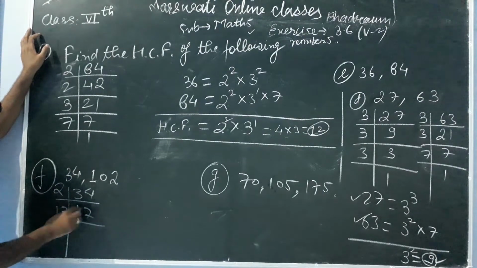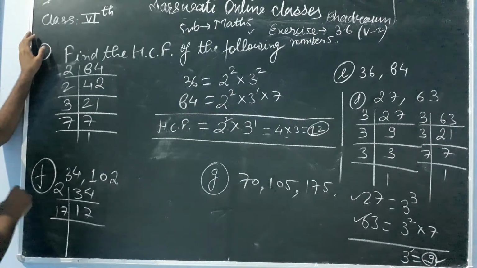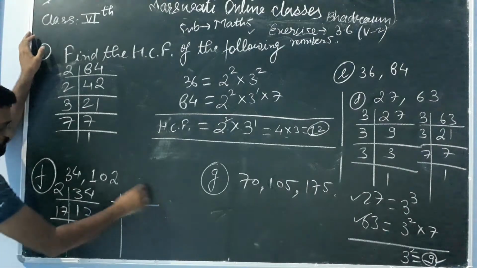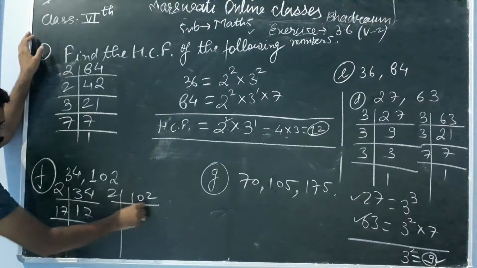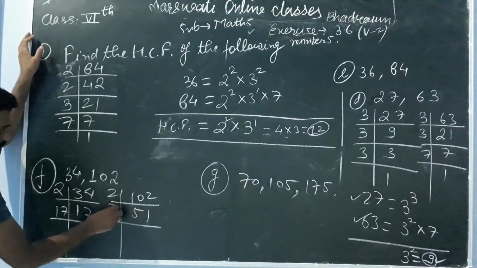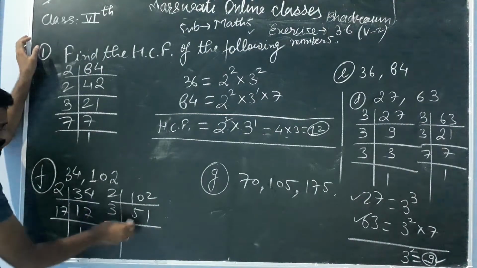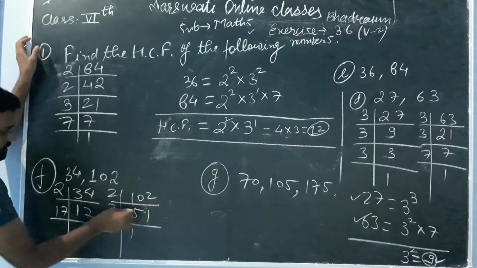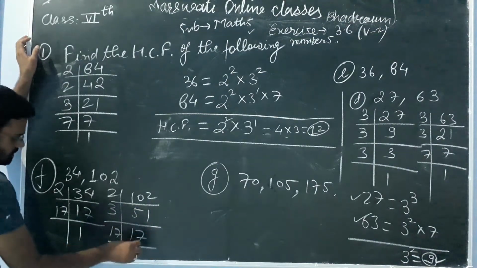Now this is 17, because 17 is a prime number, no other number will divide 17, so 17 1s are 17. Okay, this is 102. Now we will divide it by 2, 2 5s are 10, 2 1s are 2. Here by 3, because 5 plus 1 is 6, 6 is divisible by 3, so 3 1s are 3, and here it is 21, 3 7s are 21. Now this is 17, 17 1s are 17.